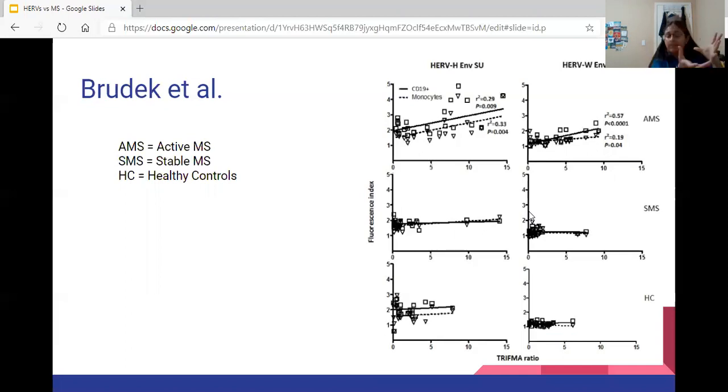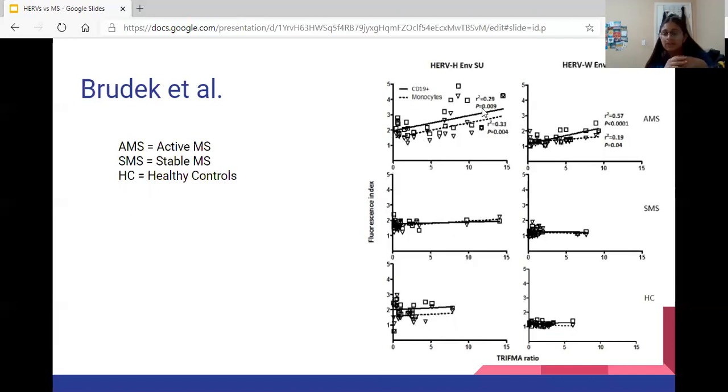However, if I have a lot of ENV, if I release a little bit of antibodies, you're going to have some activity, and as the amount of antibodies you're releasing into the system increases, the amount of ENV activity will also increase. And that's what we see here. In the active MS patients, as the amount of antibodies, indicated by the x-axis, increases, the amount of ENV activity is also increasing.